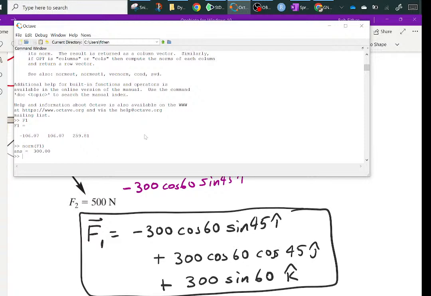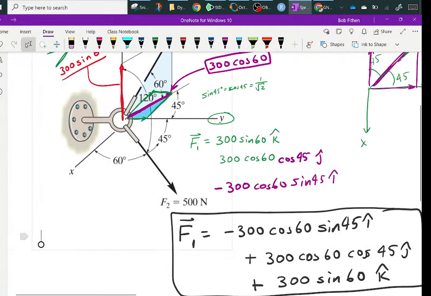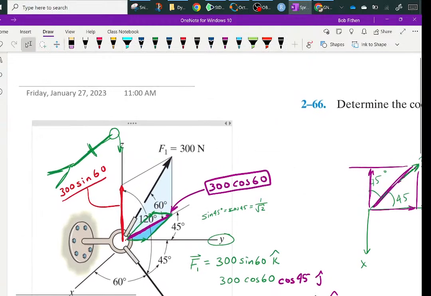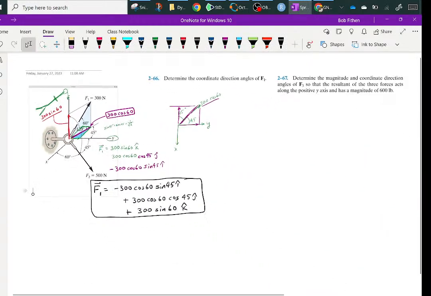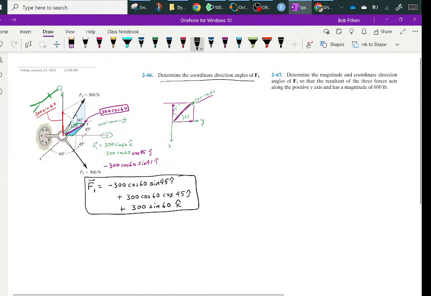So then the next thing, what else can I do with this? Well, that follows up with answering the question that he asked. He asked us to determine the coordinate direction angles of F1. What's the procedure in doing that?